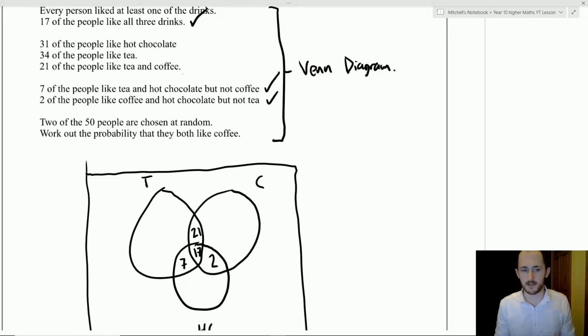It's not correct. Okay? For tea and coffee, we're looking at the intersection between these two circles, which is both of these numbers here. So 17 plus the number in this bit add up to 21. So in this case, it's going to be 4. That's probably the first thing I've said that might be pretty tricky. Any questions about that? So Jemima, you're okay? Perfect. Lila and Evie, are you good with that?